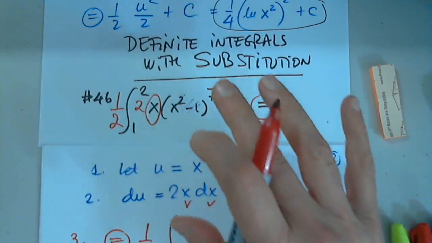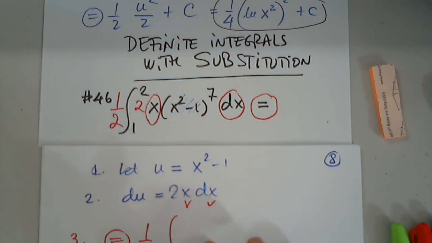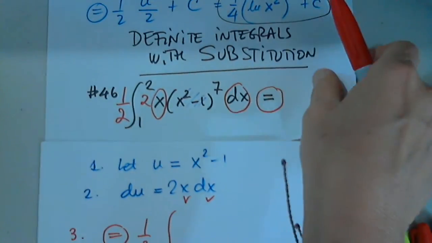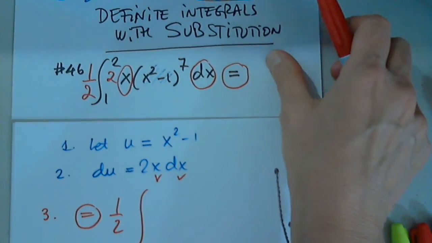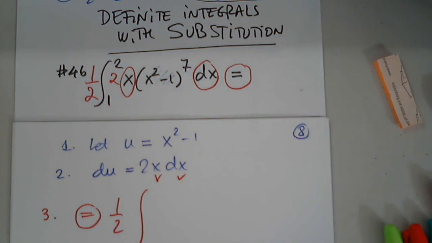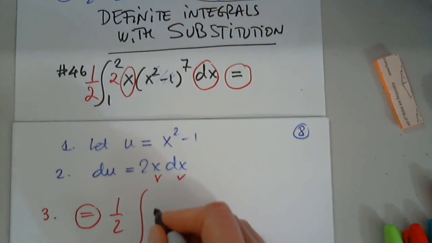Please do not copy the limits of integration, but tell me how will you change the integral now? Everything is accounted for. Tell me, what should I write? Take your time. u to the 7 du, excellent.